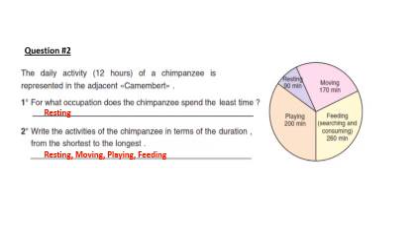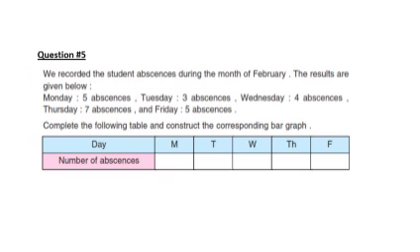Let us go to the next question. It's a very easy question. We recorded the student absences during the month of February. The results are given below. On Monday, we have 5 absences. Tuesday, 3 absences. Wednesday, 4 absences. Thursday, 7 absences. And Friday, 5 absences. We need to complete the following table.